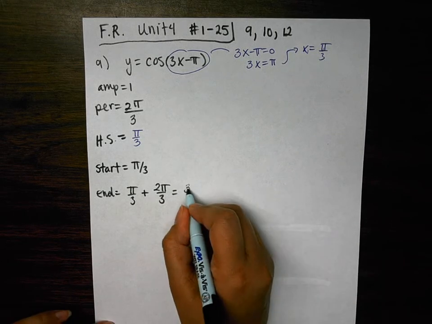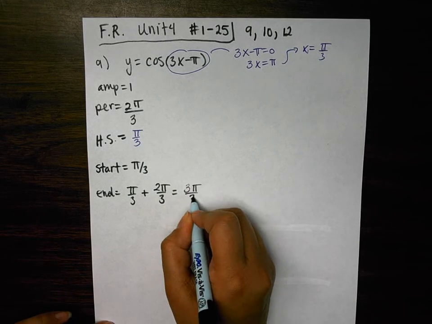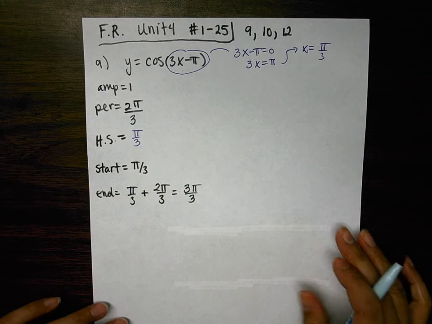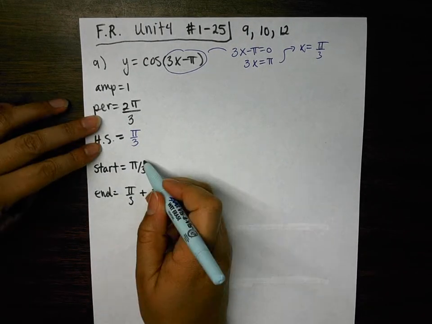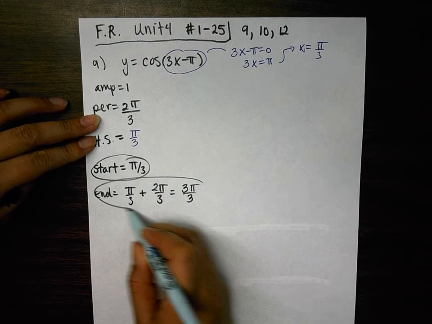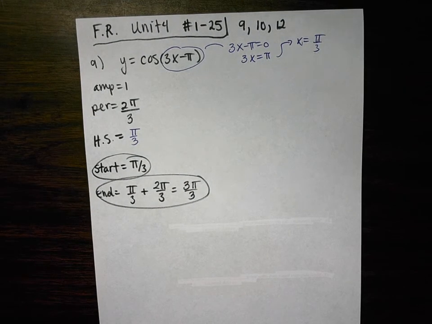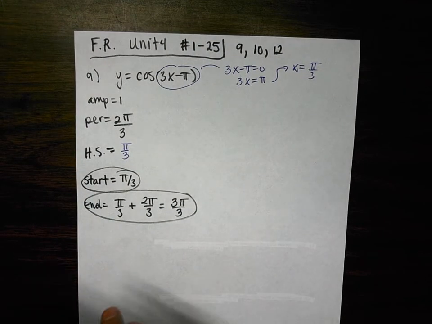3 pi over 3, which I'm going to leave so there's a common denominator. Yes, I realize that reduces to 1 pi, but I'm going to leave it so there's a common denominator with my start. Okay. Questions?